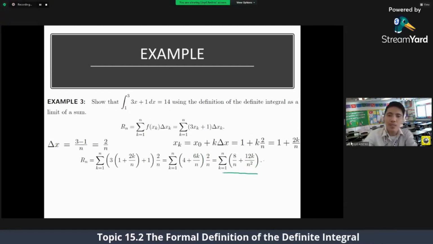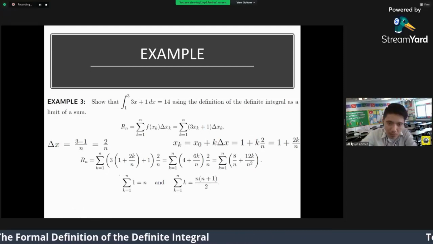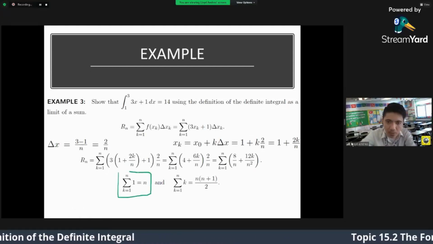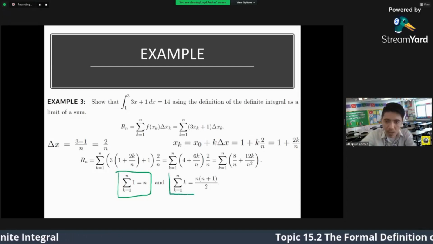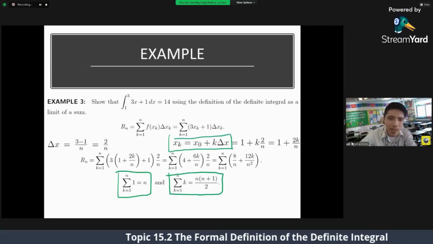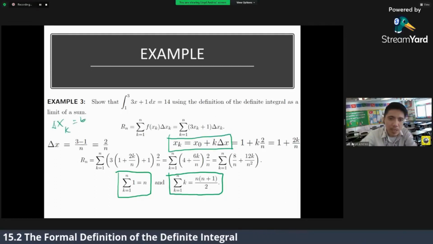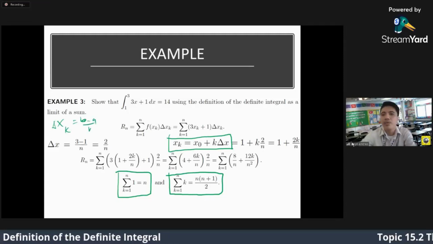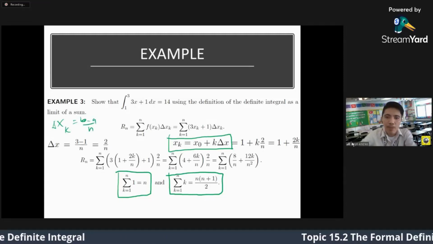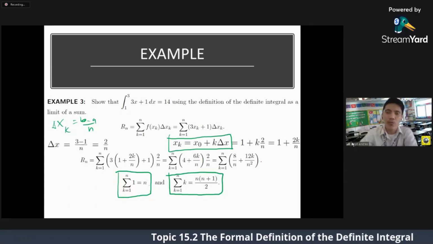After that, we need this. You have to take note of this too. Add this to your formula bank: delta x sub k is b minus a over n. This is one of the important summation formulas.